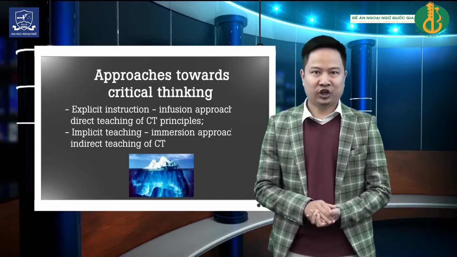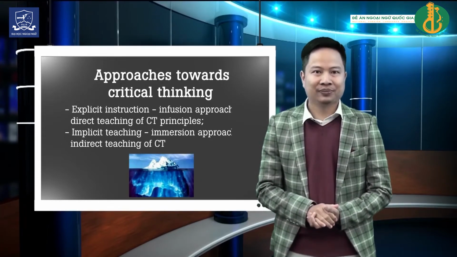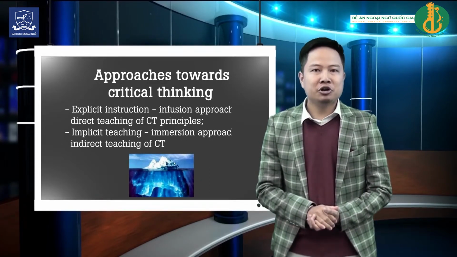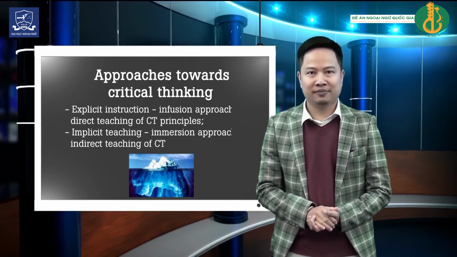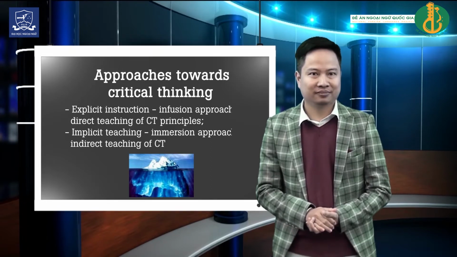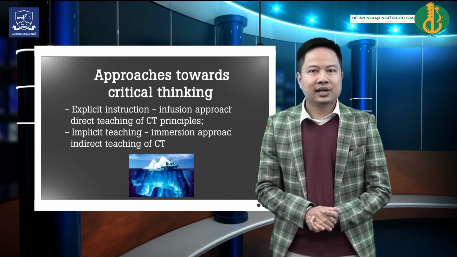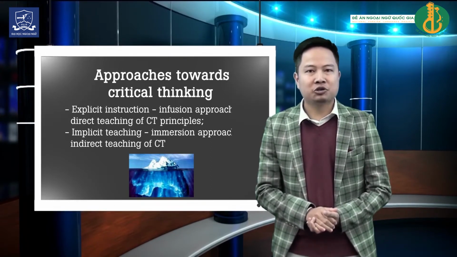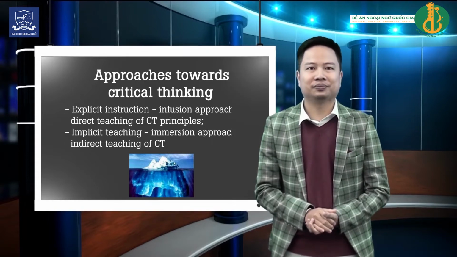The implicit teaching, called by Ennis the immersion approach, does not make critical thinking instruction distinct. In other words, the explicit instruction aims to advance critical thinking competence by making the expected critical thinking skills and dispositions clear to the students.